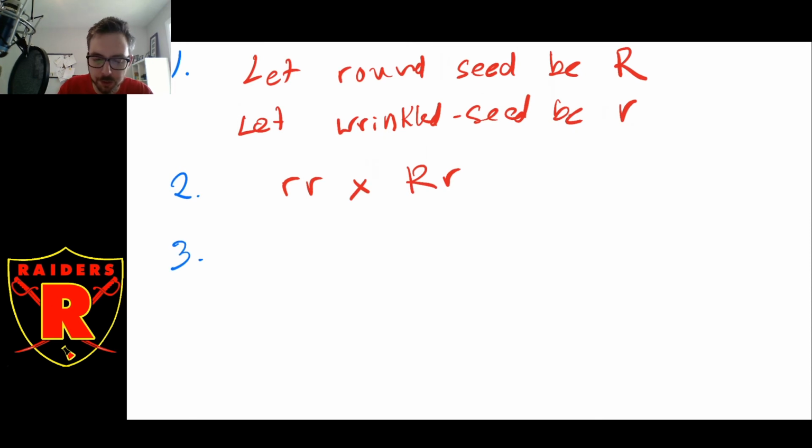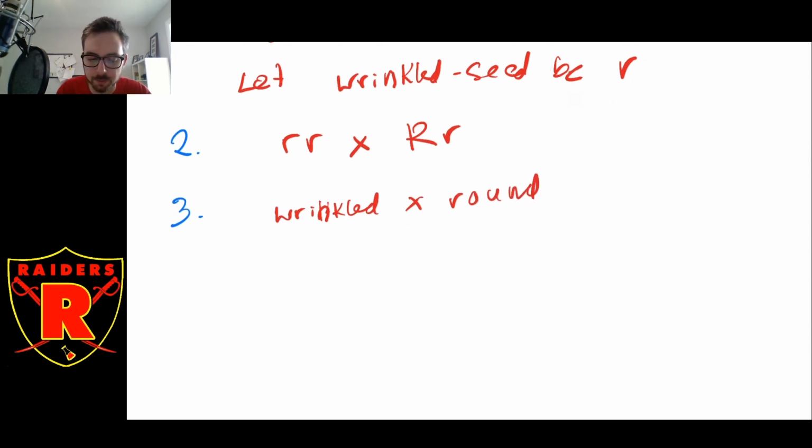The phenotypes of the parents here are, little r would be wrinkled, and we're crossing with round seed. So wrinkled crossed with round. We're going to do a little Punnett square.